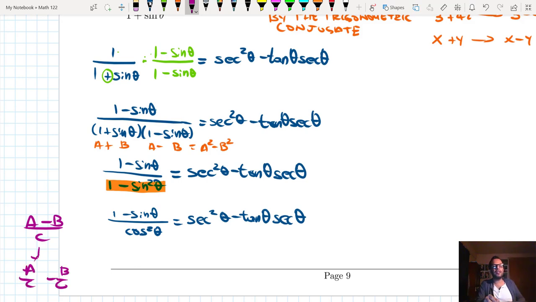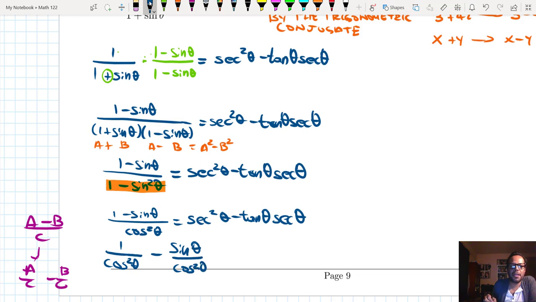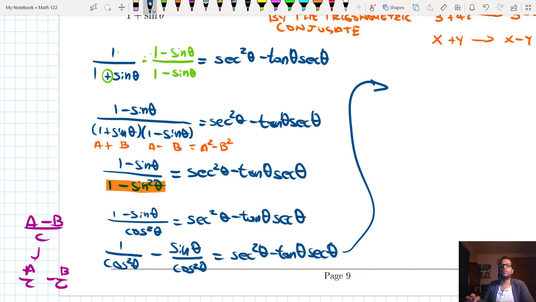In other words, split it up. 1 over cosine squared theta minus sine theta divided by cosine squared theta equals secant squared theta minus tangent theta secant theta. I'm going to continue up here. What am I going to do with these terms? Okay, number one.